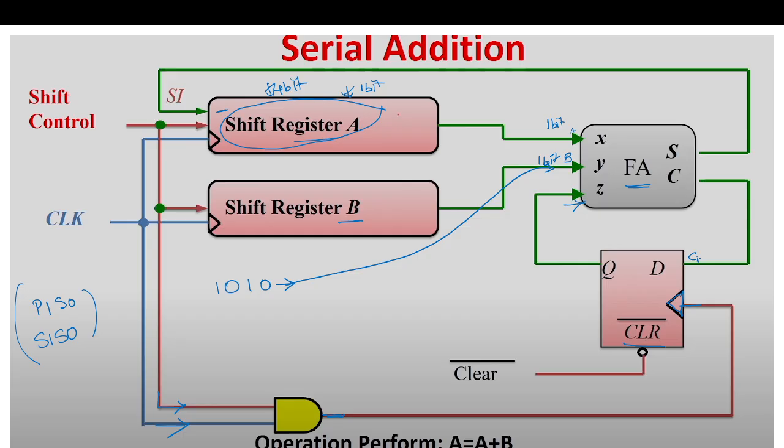SR should be converted to D, because in SR we have other options also, right? If 0 0, it will perform no change in SR. That means this state is useful for us. But if you apply this, then it will perform a reset operation. And if it is this, then it will perform a set operation.